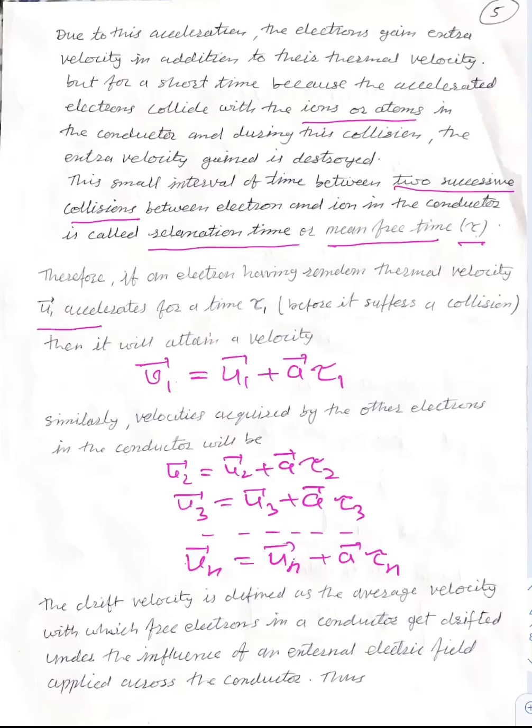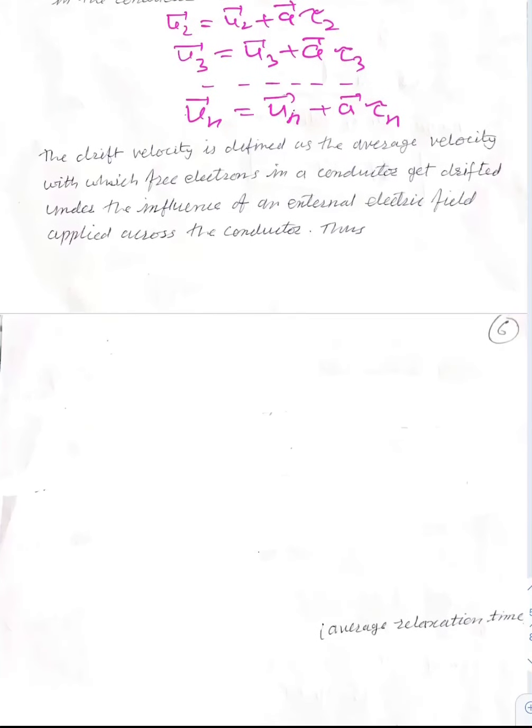The drift velocity is defined as the average velocity with which free electrons in a conductor get drifted under the influence of an external electric field applied across the conductor. Thus, Vd = (v1 + v2 + v3 + ... + vn)/n.